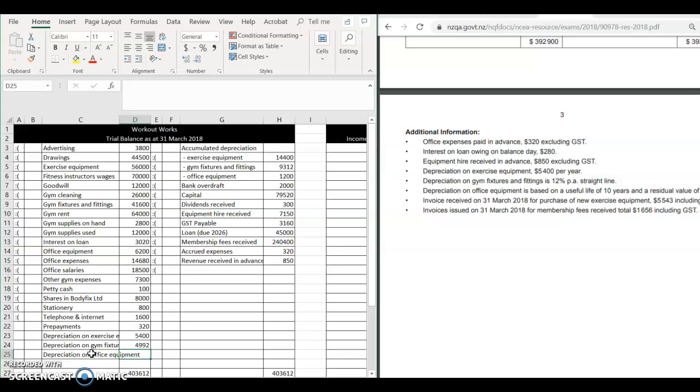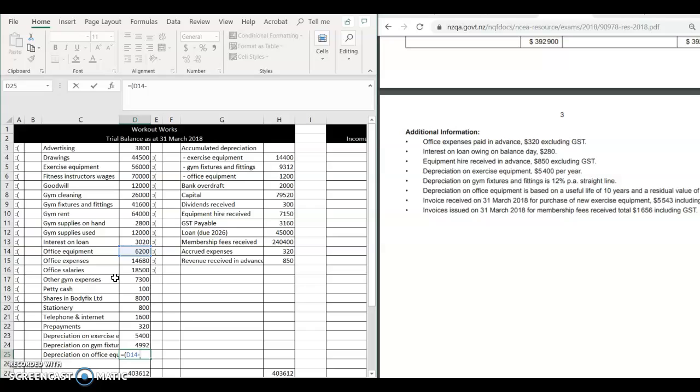And that is an excellent question. It tells us that it has a useful life of 10 years, residual value of $700. So type equals, open your brackets up, because the office equipment is at $6,200.